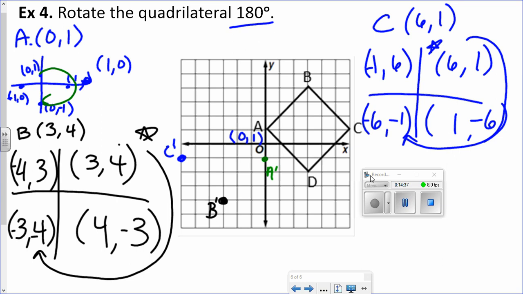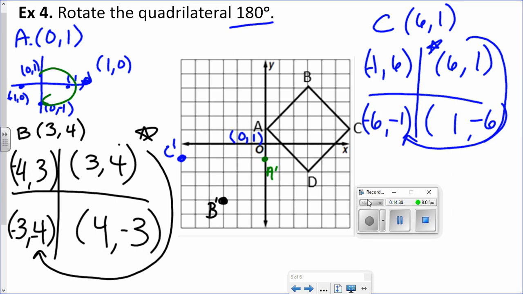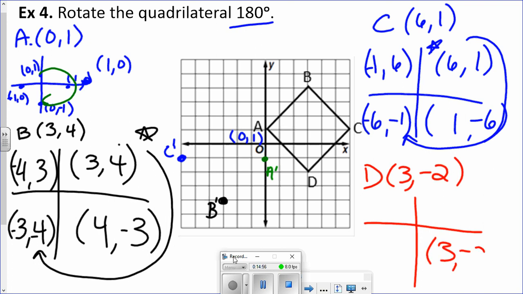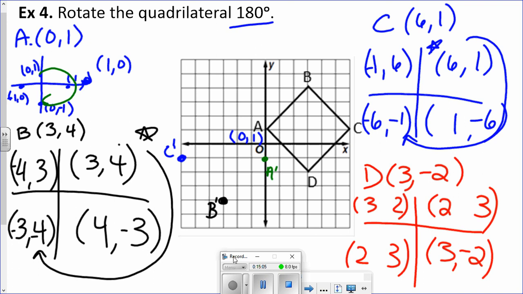And then we're going to do it one more time for D. D is at 3, negative 2, which is in quadrant 4. And so we switch the numbers, switch the numbers again, switch the numbers again. And now in doing that, let's get our appropriate sign. So in this quadrant, it needs to be negative, negative.